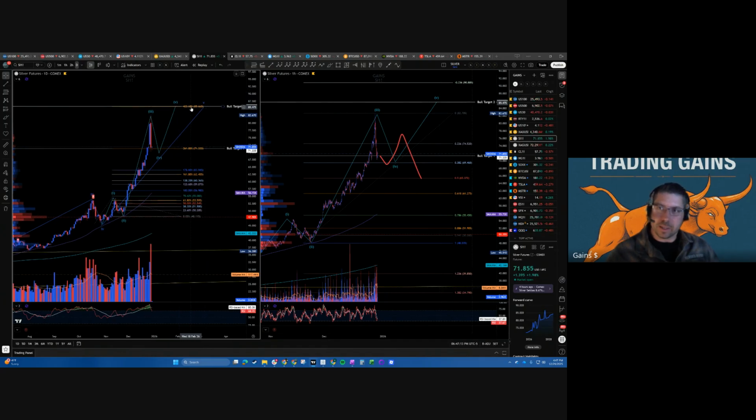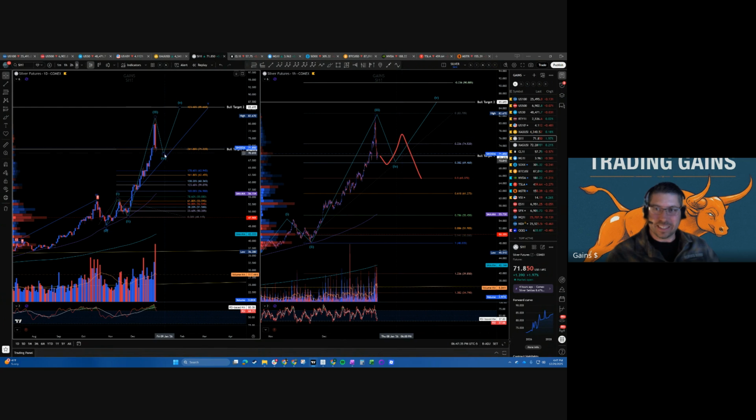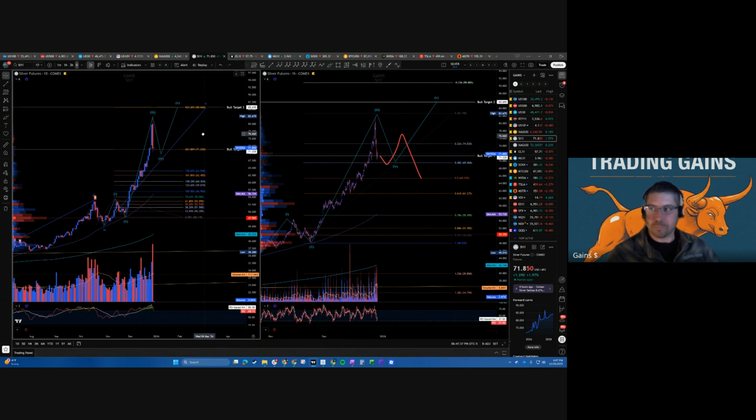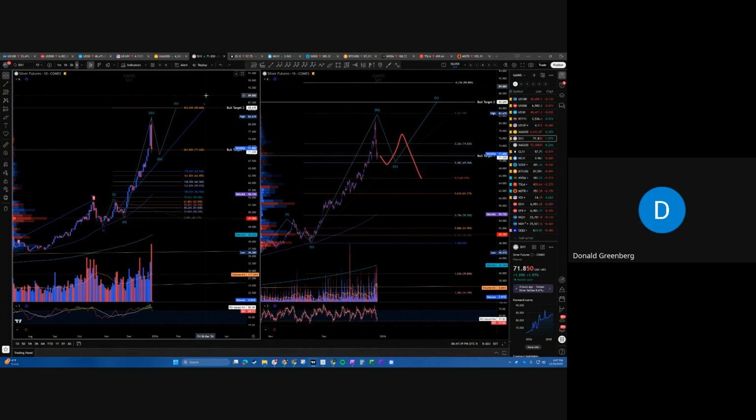So you get these big extension targets like 4.236, highly likely it's going to get hit. So I do think that you probably will see 85, maybe even 85.7 before a longer term reversal. But that's why blow-off tops are so hard to forecast, just because you never know when it's going to collapse.